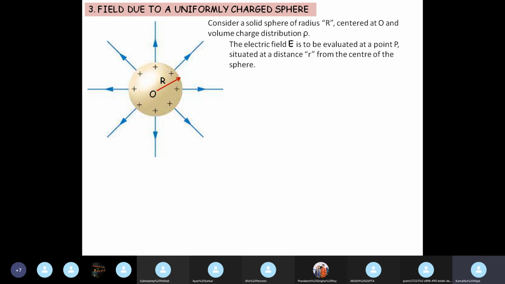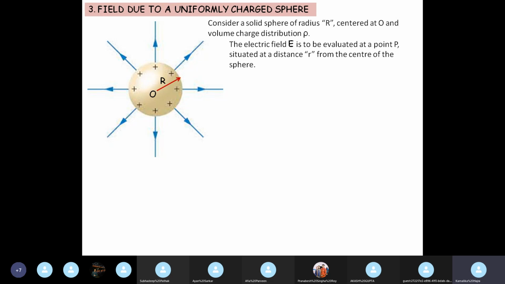If the question is: determine the electric field due to a uniformly charged sphere at a point P situated at a distance r from the center of the sphere, they will only write Gauss's law, integral E dot ds equal to q by epsilon naught, only the mathematics, and done. This kind of question carries at least 4 to 5 marks. If you do only the mathematics, you will get at most maybe 3 out of 5. So you need to write down things.